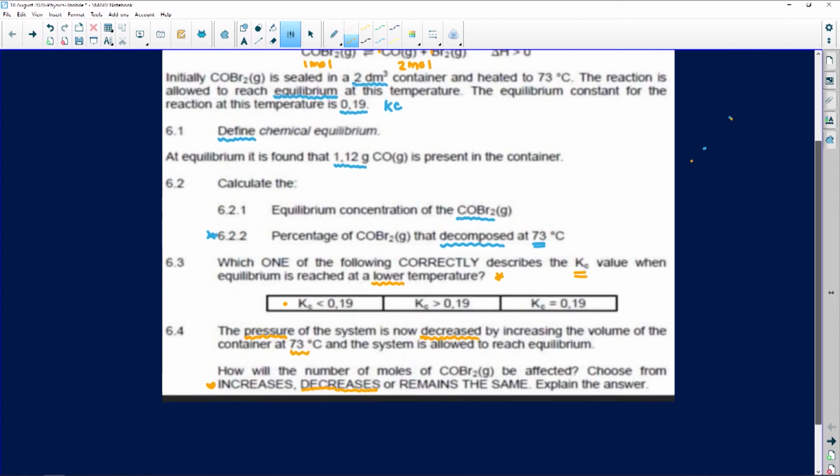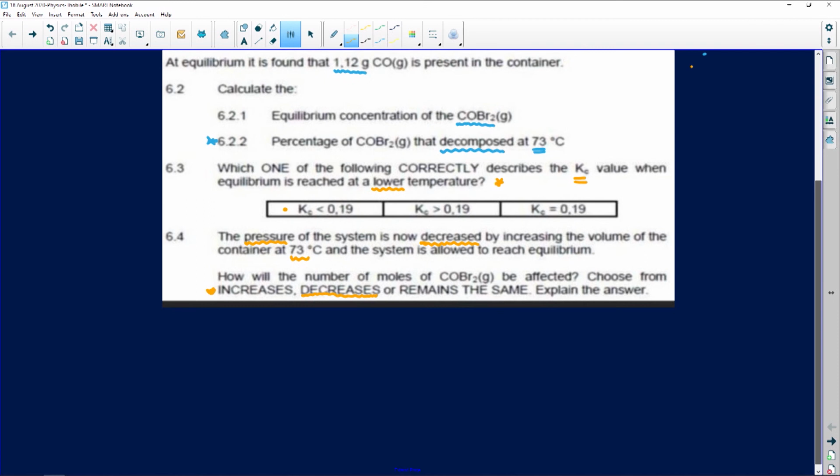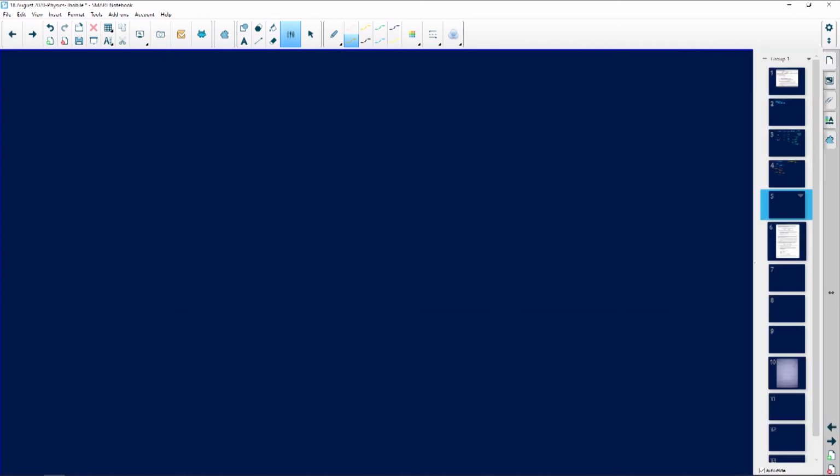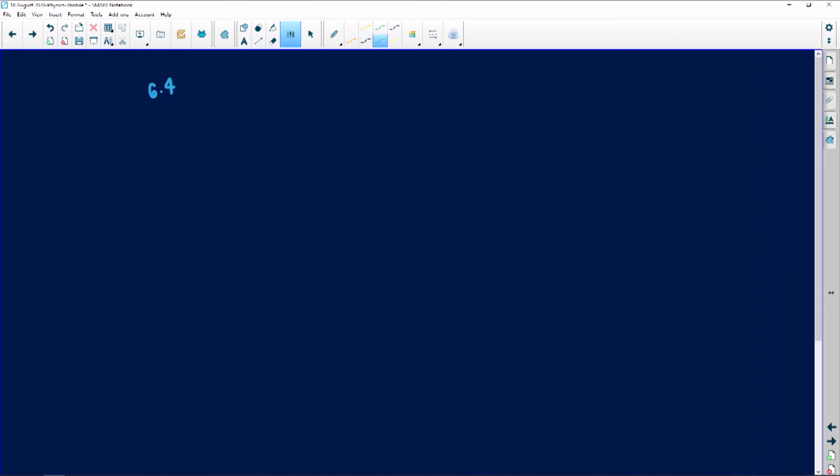I think this was the last bit of this question, and we've explained our answer, but now let's write it down so our examiner knows what we have said. So this is 6.4. How will the decrease of pressure affect it? Increase, decrease, or remains the same? It will decrease. Now remember, when you have to give an explanation in terms of equilibrium, don't say pressure will decrease because the molecules are more on the right-hand side.